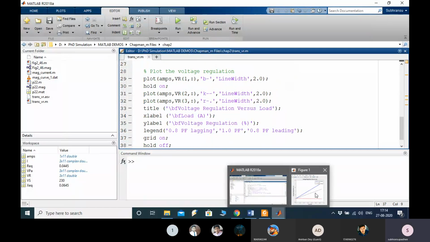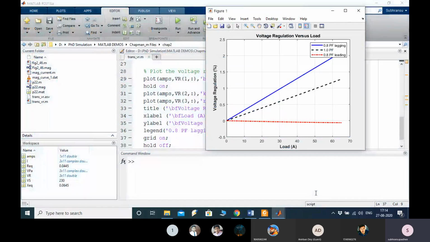Once we plot it, as you can see, as the load increases, the voltage regulation changes. This is the graph between load and voltage regulation of a transformer at different power factors. Any doubt regarding this?